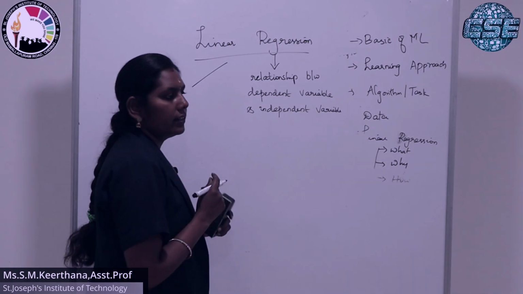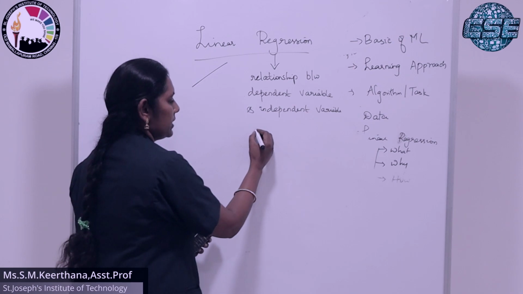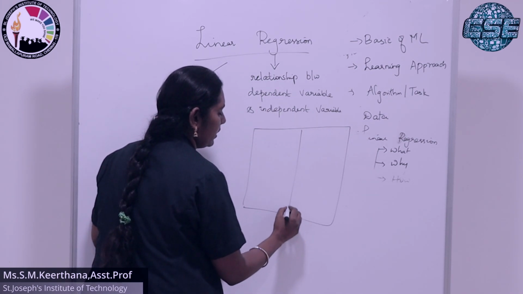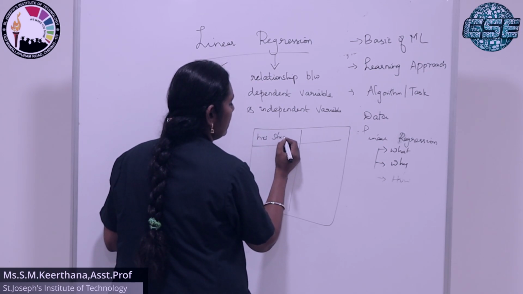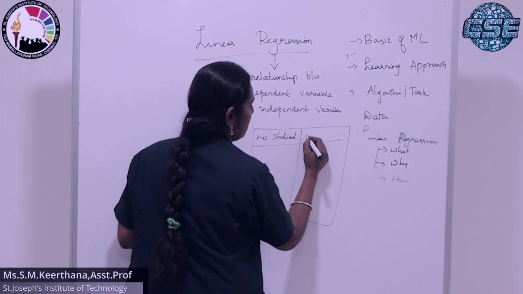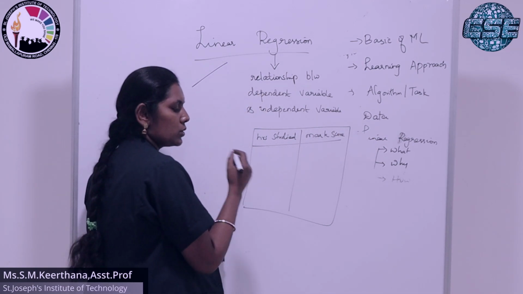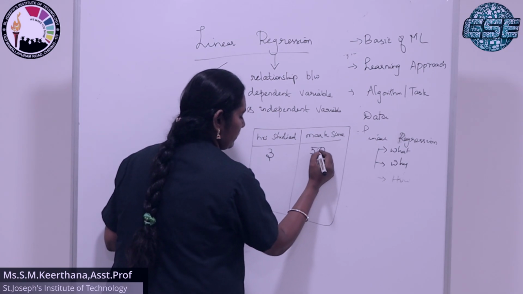So you all now have a doubt, what is a dependent variable, what is an independent variable? I will give you one example. Suppose I have input data like hours studied and marks scored. Suppose a student studies 3 hours, he gets 50 marks.